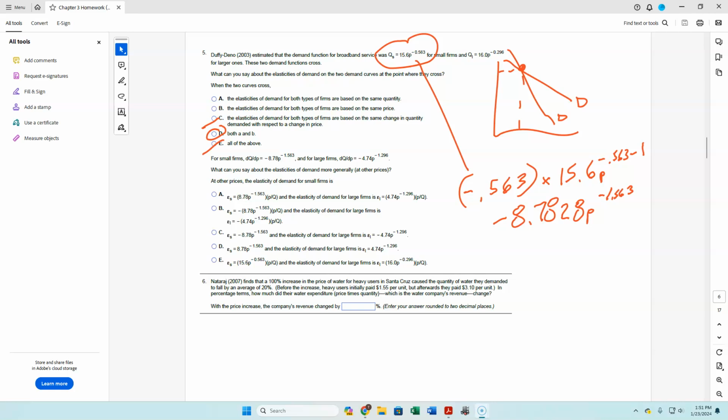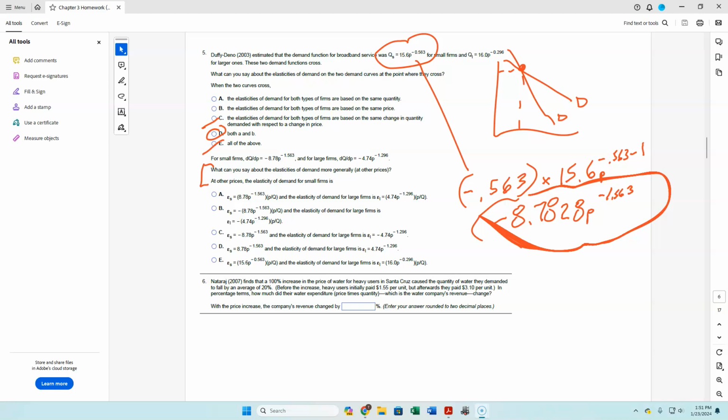You could then repeat that process here, and you would get this. And now we can make a more general statement. What can we say about the elasticity of demand more generally at other prices? Hence the reason why we couldn't say that it was C in number 5. So what can we say now more generally? Well, what we can say more generally is that the elasticity of demand for small firms, well, that's my small firms one right here. And so what form does that take?